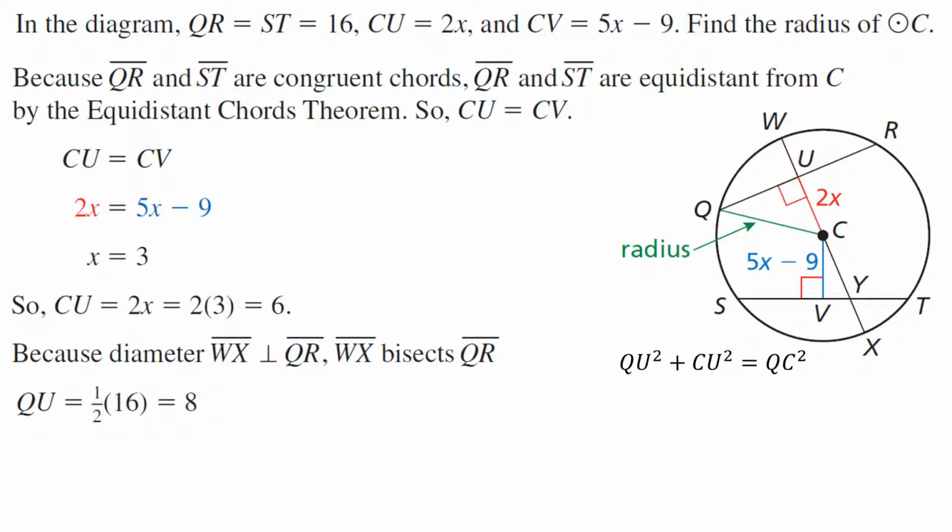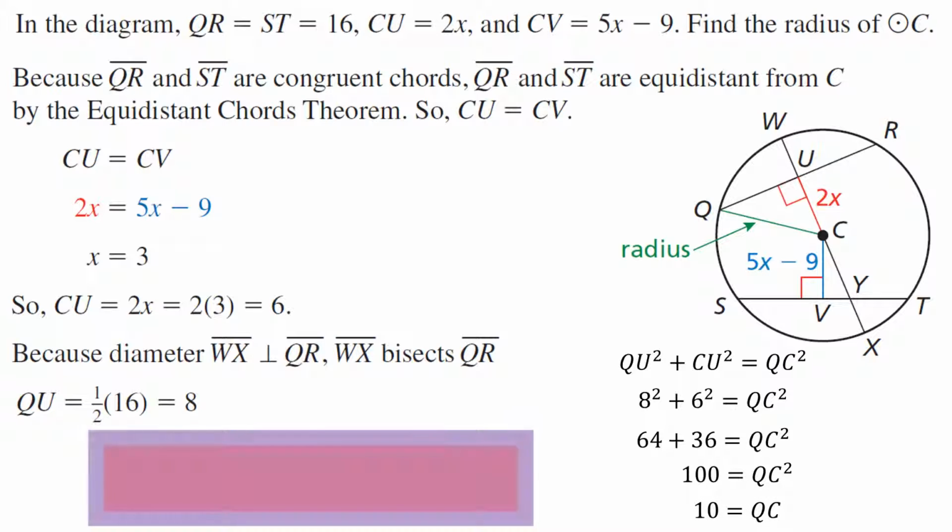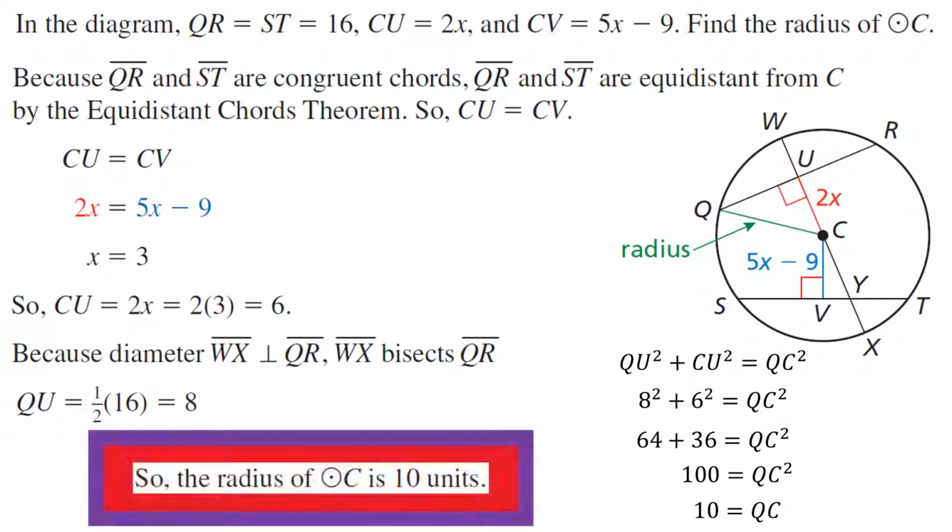The distance from C to U was 6. The distance from Q to U was 8. Those are legs of a right triangle. The hypotenuse of the right triangle is the radius of that circle. The Pythagorean theorem can quickly tell me that the distance from Q to C is 10. Therefore, the radius of circle C is 10 units.